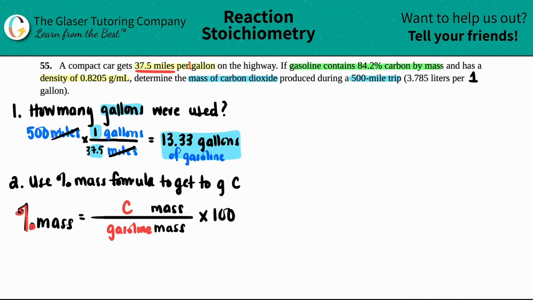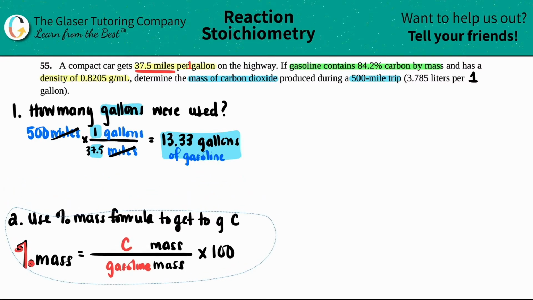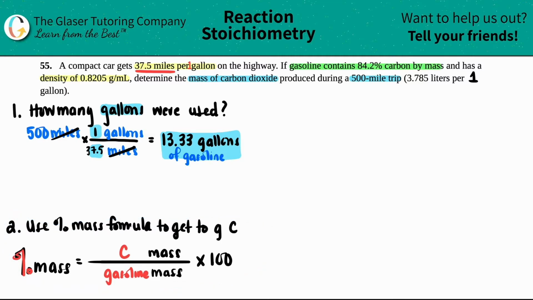Now, if I'm going to use this number, I have to have a gram value. But what do we have? We have gallons. So there's actually a little step in between these two. So maybe I can put this down here, and I'll call this 2A. Before we even do that, we have to convert the 13.33 gallons into, what do you think, guys? If it's a mass, it has to be in grams.